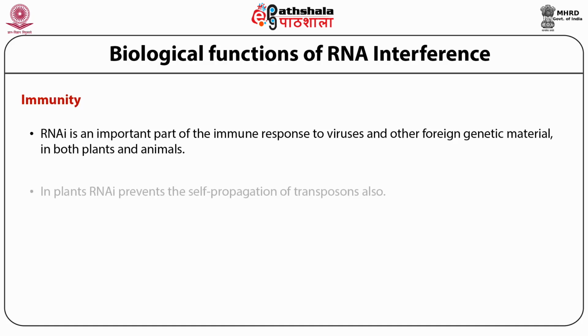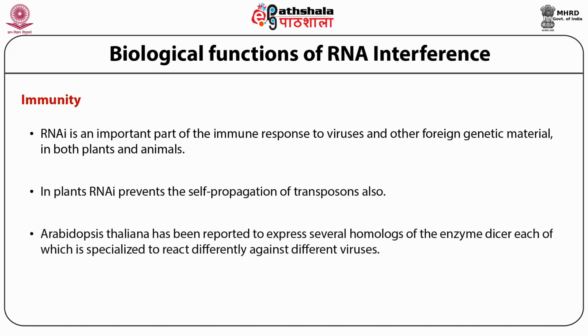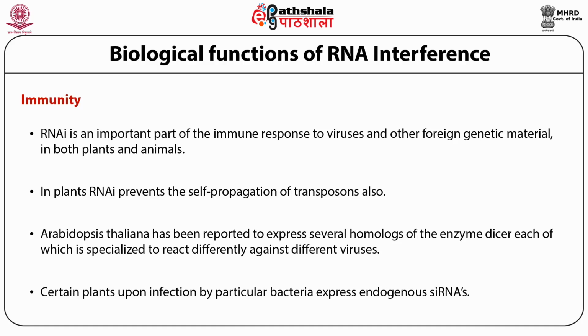In plants, RNA interference prevents the self-propagation of transposons. Arabidopsis thaliana has been reported to express several homologs of the enzyme dicer, each of which is specialized to react differently against different viruses. Certain plants, upon infection by particular bacteria, express endogenous siRNAs.